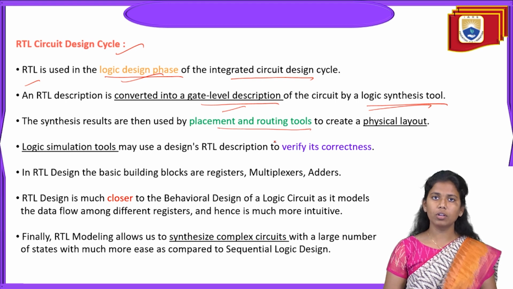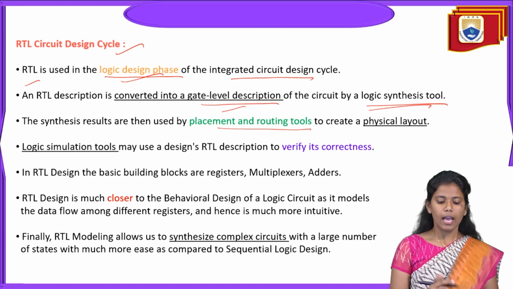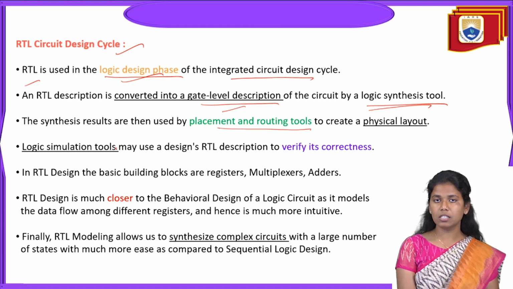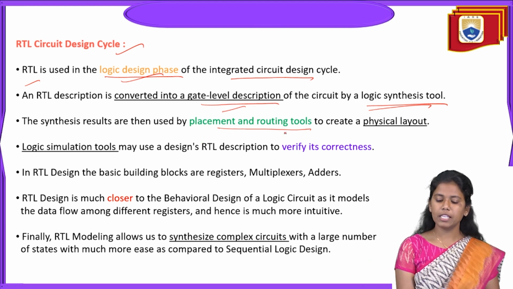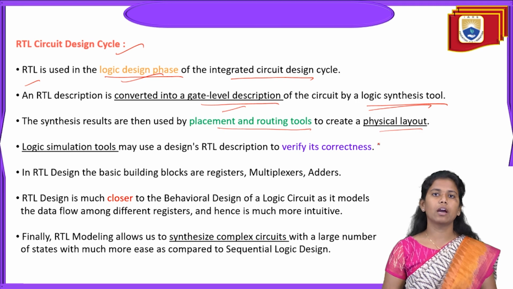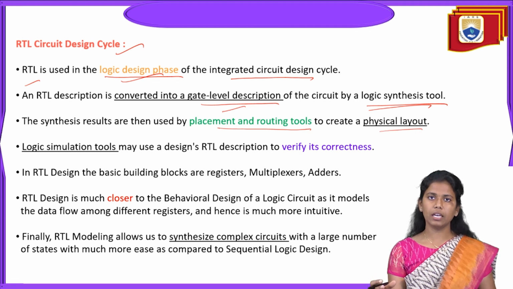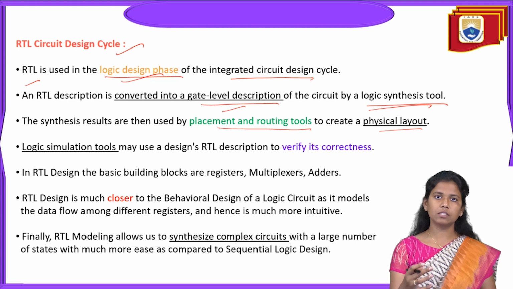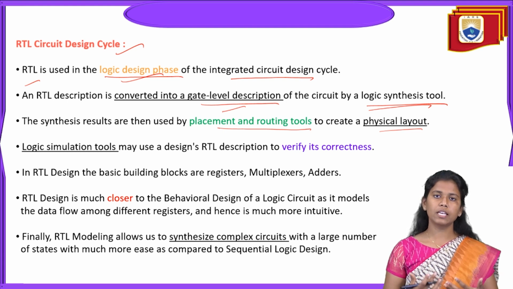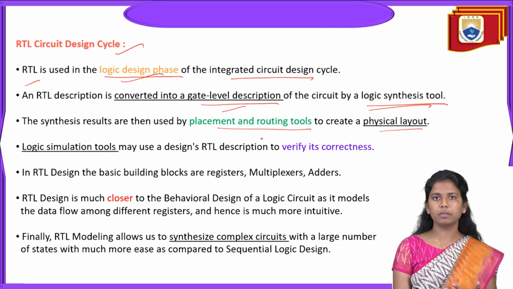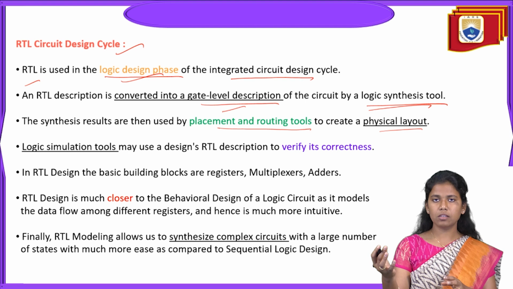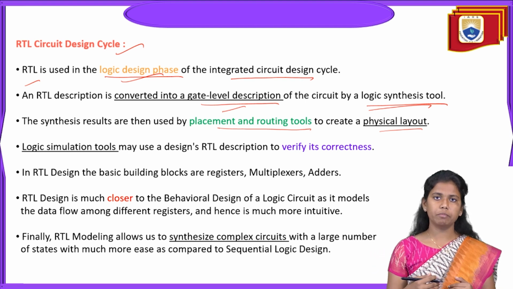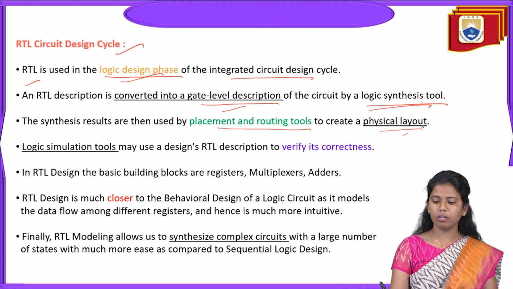So after logical synthesis of the gate level representation, the synthesis results that we have obtained are then used by placement and routing tools to create a physical layout. Logical synthesis helps us with respect to the placement and routing tools, which is the interconnection between the logical synthesis tools and the placement and routing tools, and the final phase is all about the physical layout.